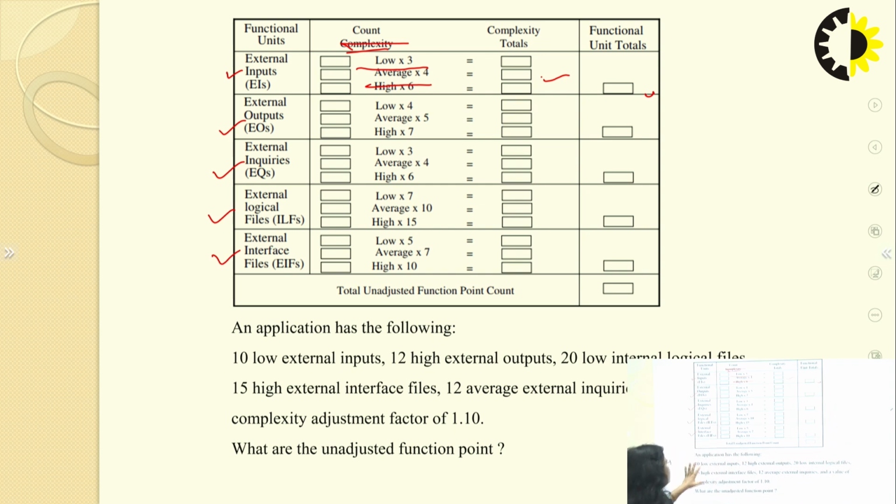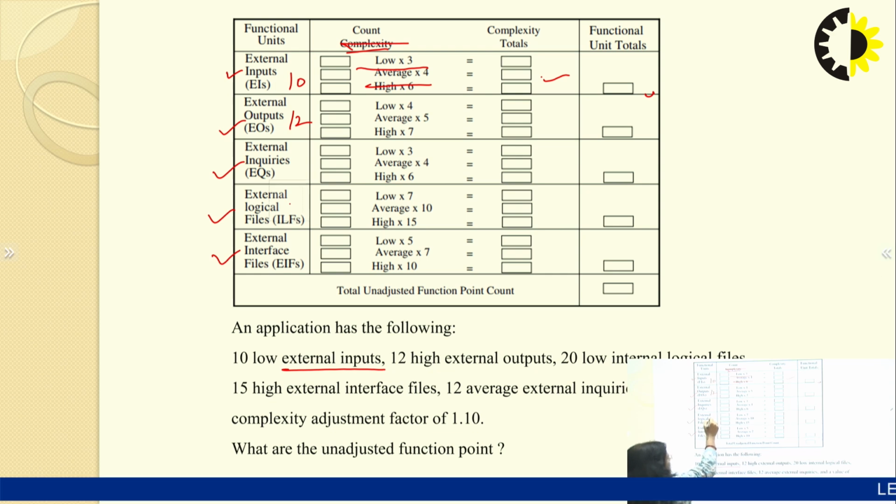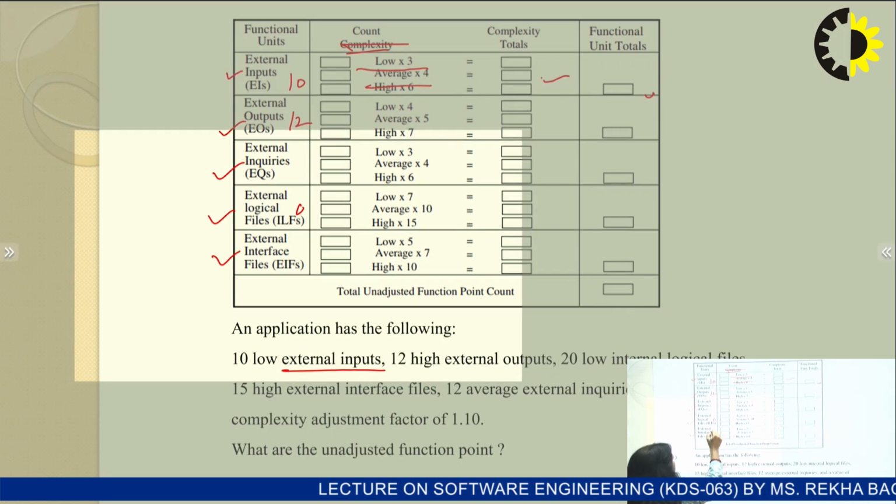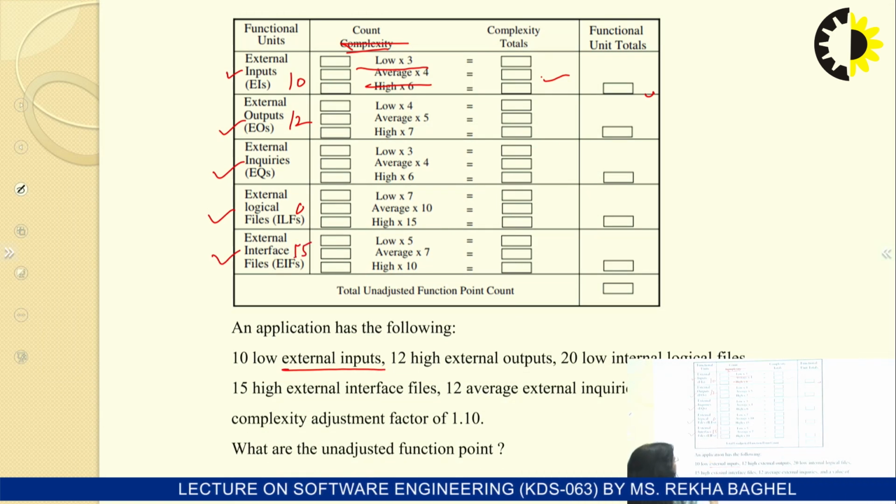So this is the example. Here external inputs are 10, external outputs are 12, 20 internal logical files, 15 high external interface files, and 12 average external inquiries.